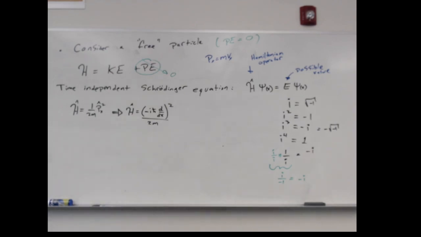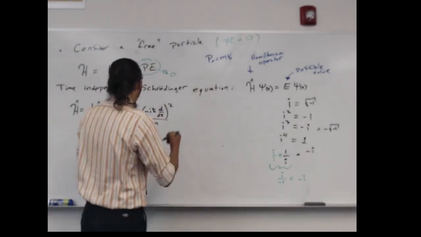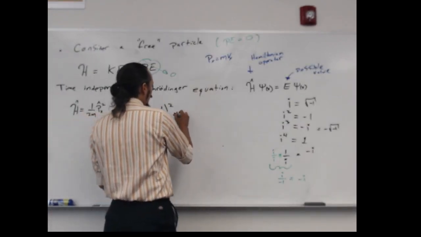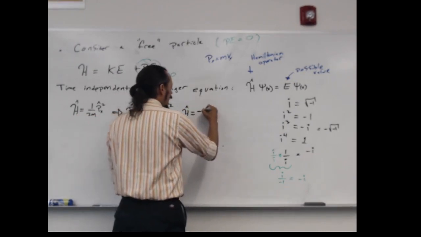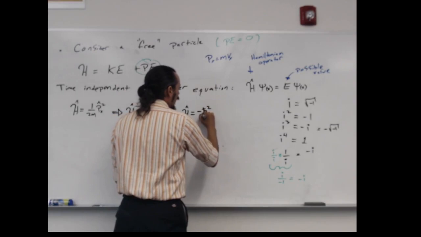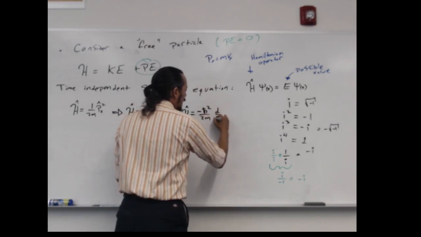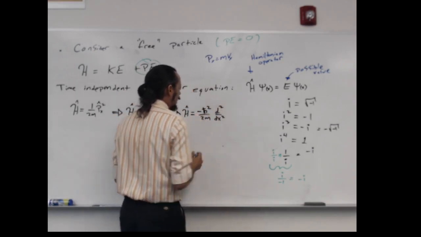Okay, so when I end up with negative I squared, the negative just becomes positive. I squared becomes a minus 1. So this Hamiltonian operator ends up being negative h bar squared over 2m d by dx squared.